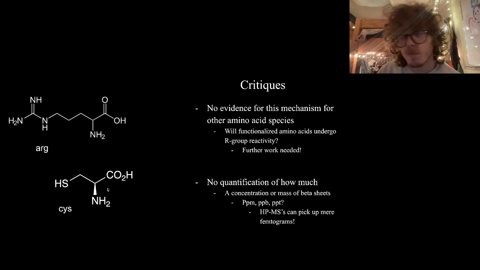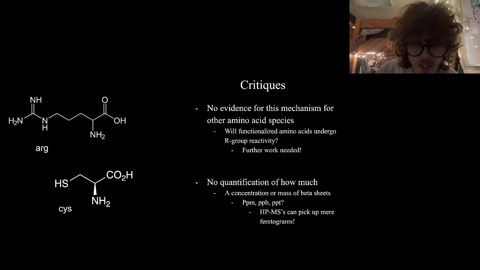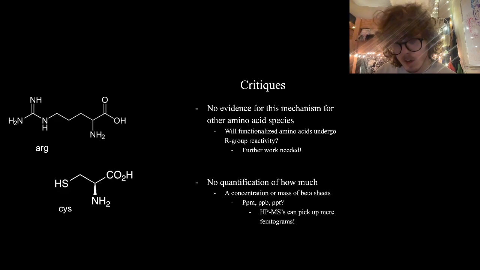Even like cysteine would be really important to show. Cysteine is a very vital amino acid residue for folding. It's those sulfide bridges can be vital for some of that peptide folding. So that's important to show too. So again, that's my really big critique, is we need to be showing the other amino acids.